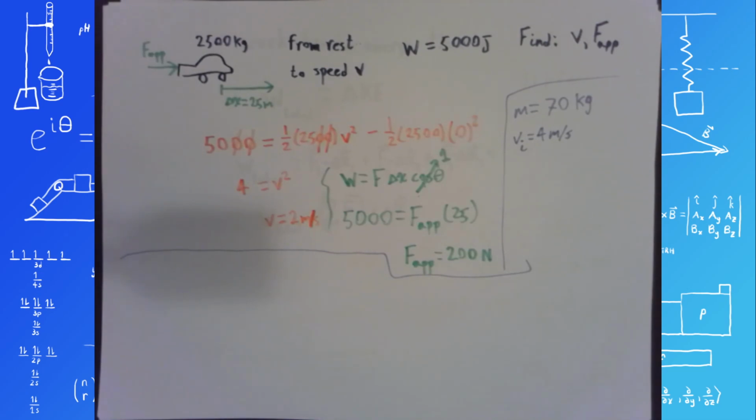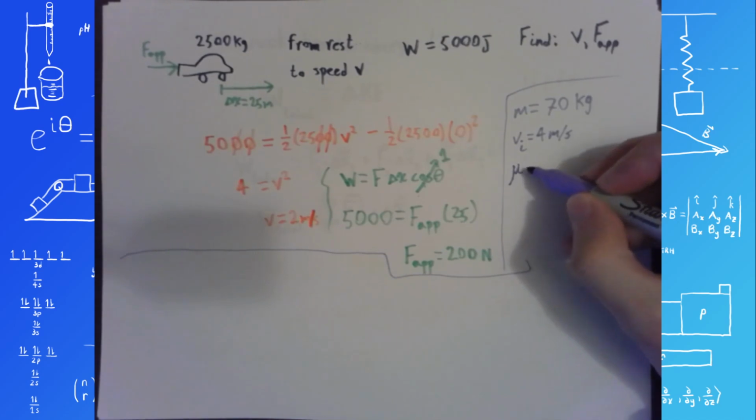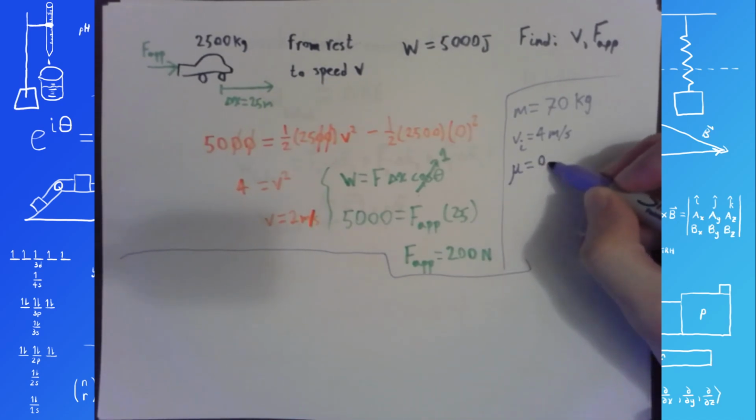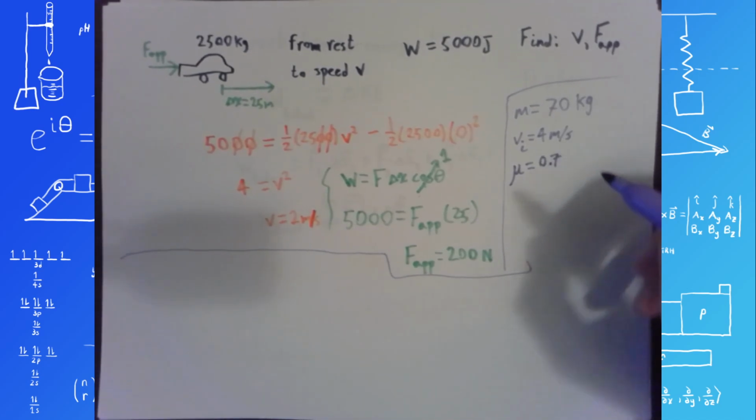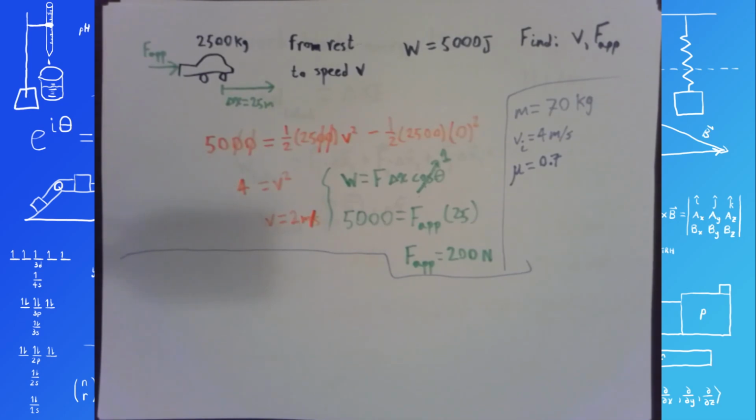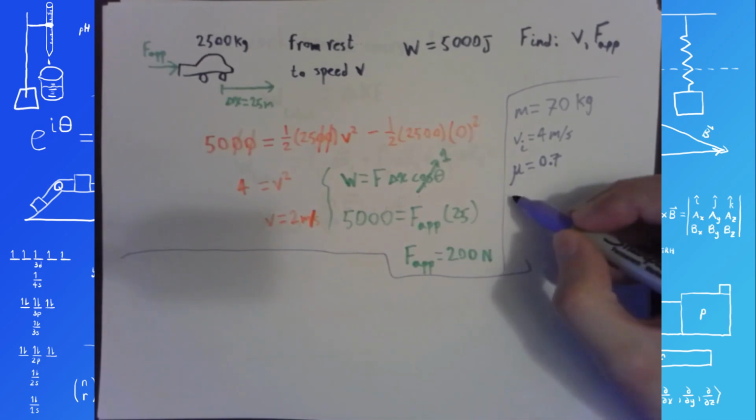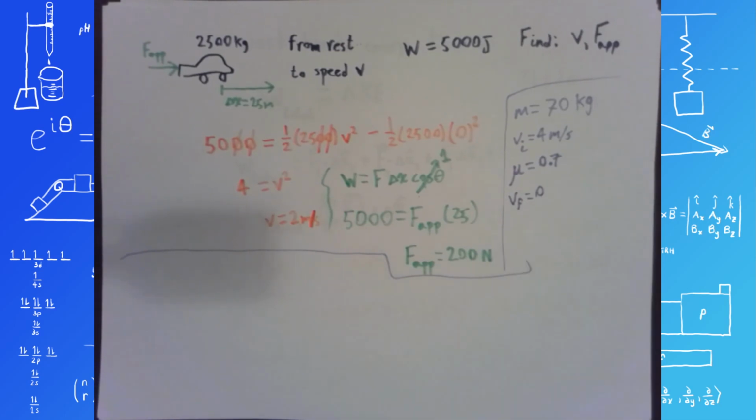Coefficient of friction between his clothes and earth is 0.7. They said 0.70, but I'm not too worried about sig figs. Leave that for chemistry. He slides so that his speed is 0 just as he reaches the base. So V final is going to be 0.